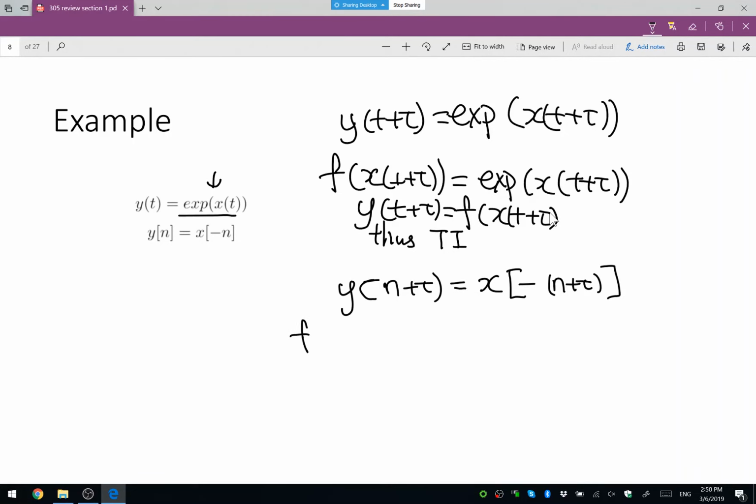And then the second signal is like f[x(t + tau)]. So whenever we see x of something, we change that into x of something plus tau. So here the something is minus n. So that will give us x[-n + tau].